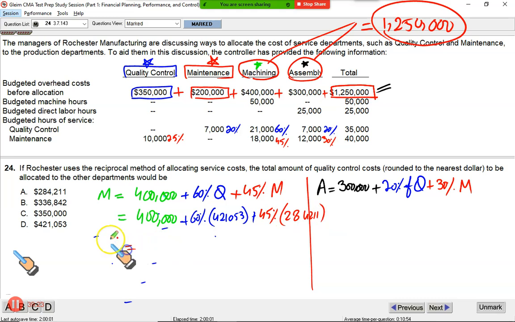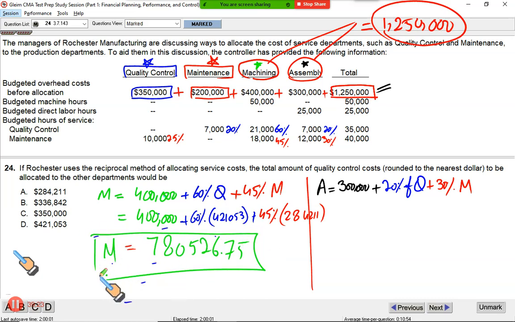Now if you calculate this all, I'm going to do this for you. 400,000 plus 60% of 421,053 plus 45% of 284,211. It gives me in green color a total of 780,526.75. That is M.